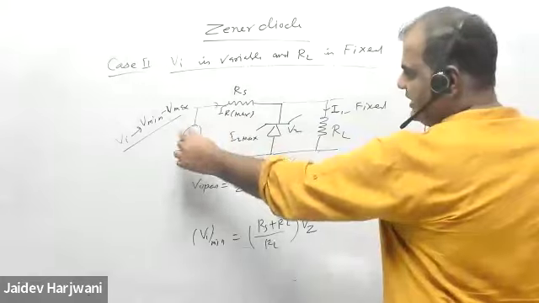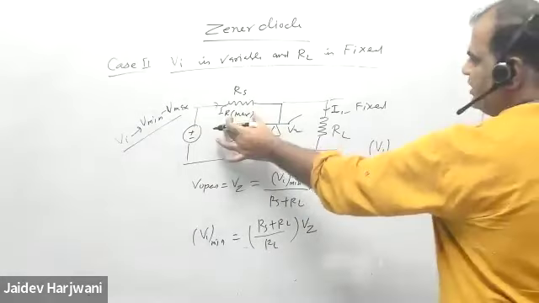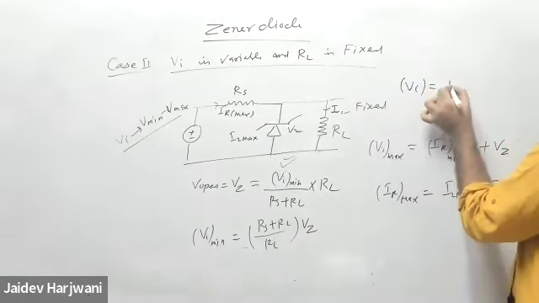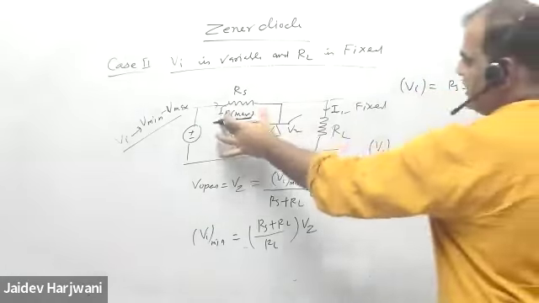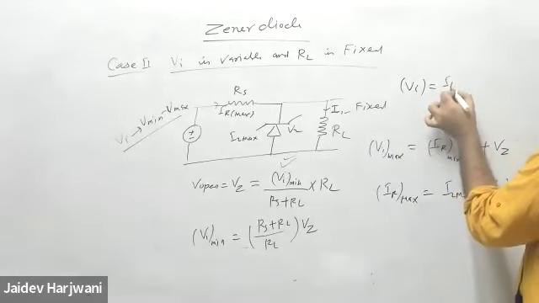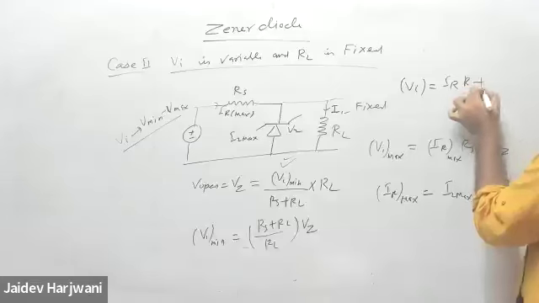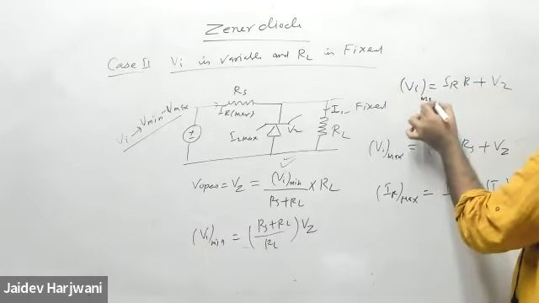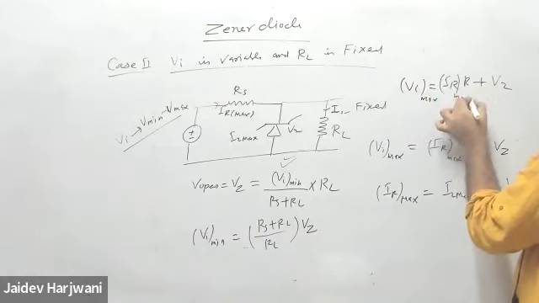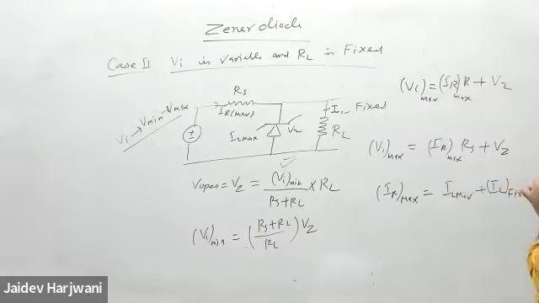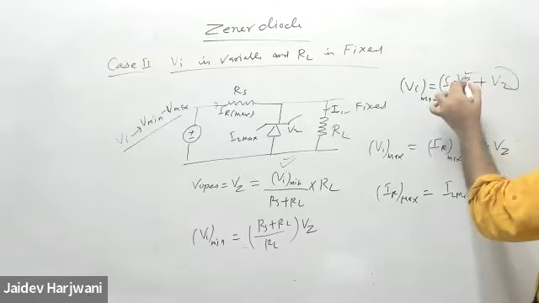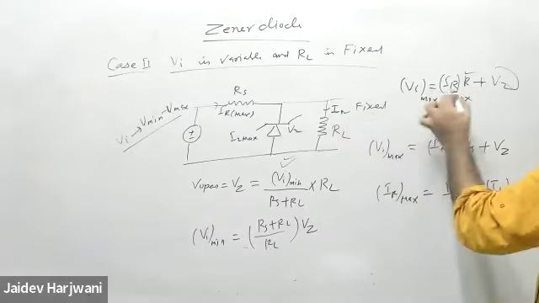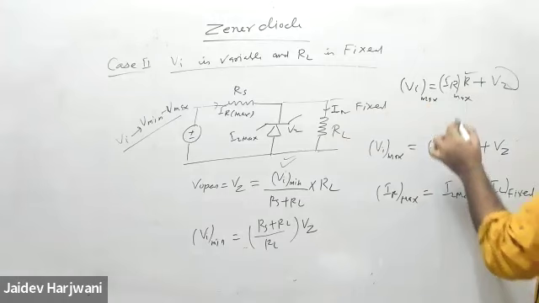I'm increasing Vi. This V input is basically IR times RS plus Vz. Now if I'm increasing this one, this is increasing. If I go to max, this is fixed, so only this is increasing, because IL is fixed.